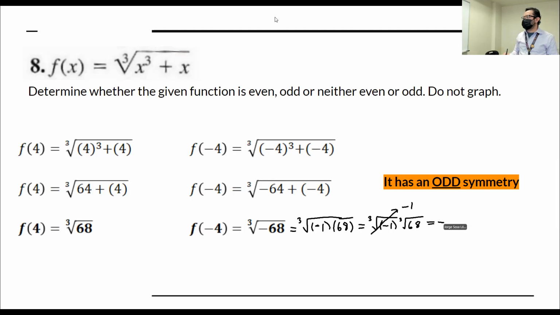So this is equal to minus the cubic root of 68. If it's an even root, that's where we can't have negative numbers inside the root, but since it's an odd one, then we can. Okay, so good job there. Give me a moment.